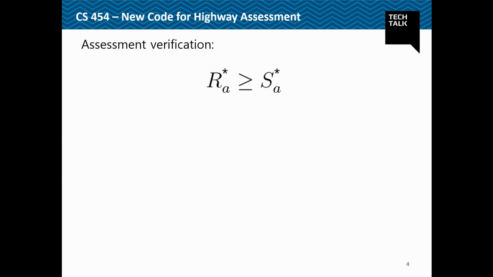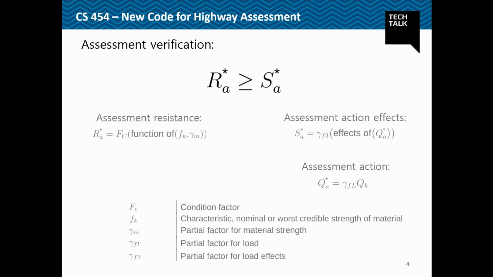In general, the assessment verification itself remains as it was. We have the resistance bigger or equal than the assessment action effects. Pretty much no changes here. Again, we have our assessment resistance being a function of our section through different factors applied. And again, we have the condition factor.